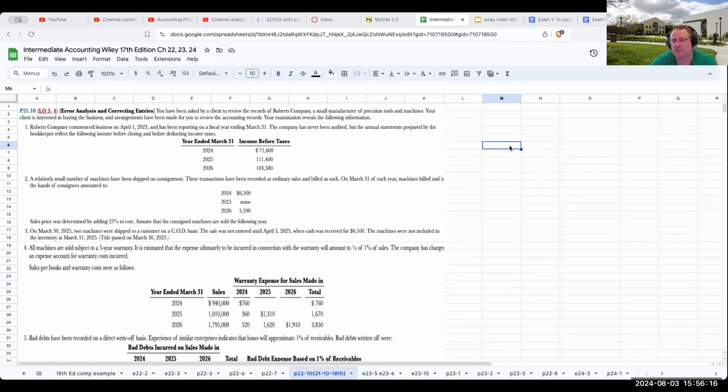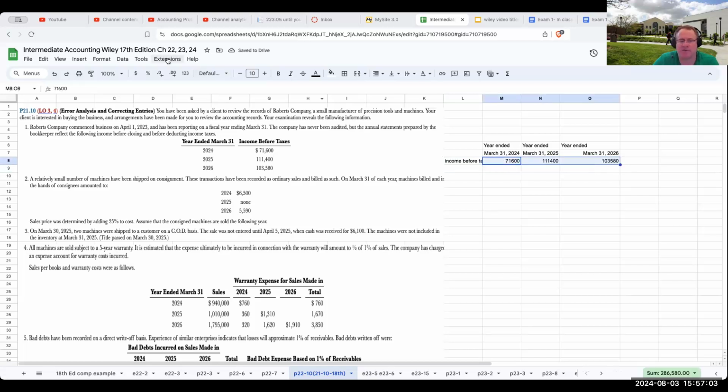So we have all of these different things, and we know that for the year ended March 31st, 2024, the year ended March 31st, 2025, and then the year ended March 31st, 2026, the net income before taxes was 71,600, 111,400, and then 103,580.